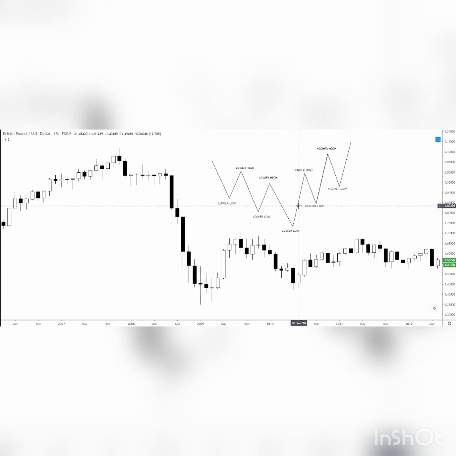What I mean by that is that for this lower high, once price has exceeded it, that gives us a possibility that price can potentially change trends, because the lower high has been taken out. And that's what I was explaining earlier.